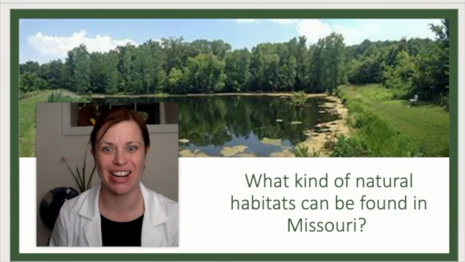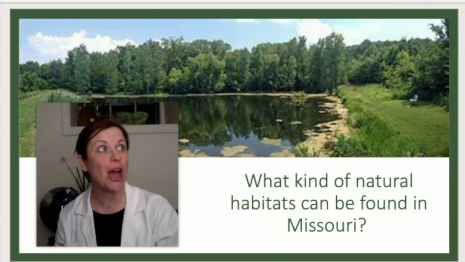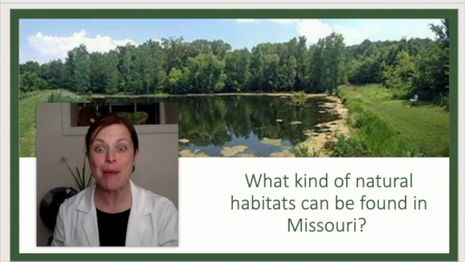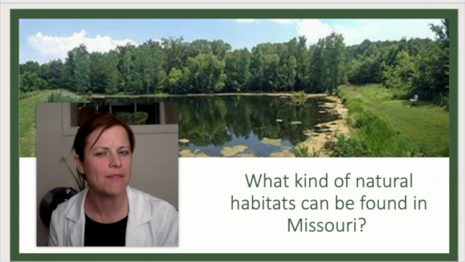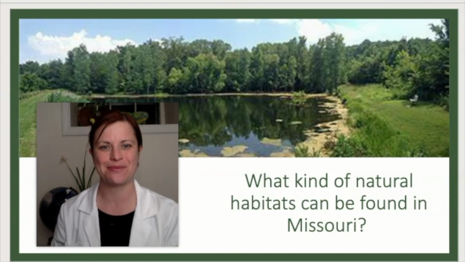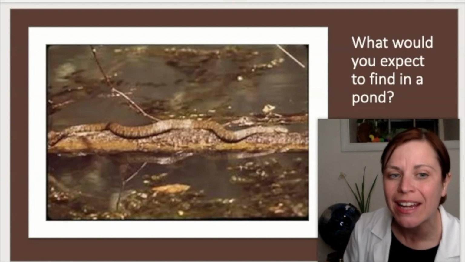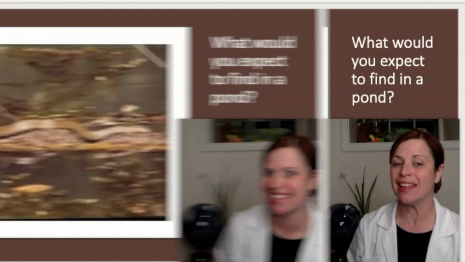What other kinds of natural habitats can be found in Missouri? Do you know where we are now? A pond. What kind of life would you expect to find in a pond? Whoa, look at that pond life. Do you know what animal that is? Right, it's a snake.